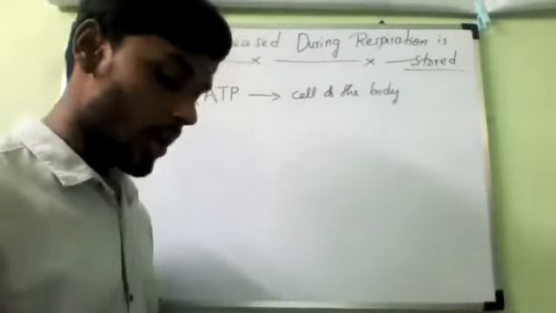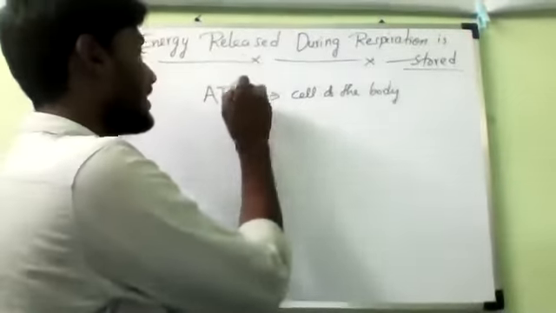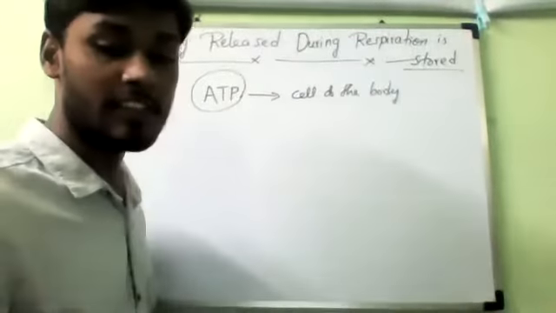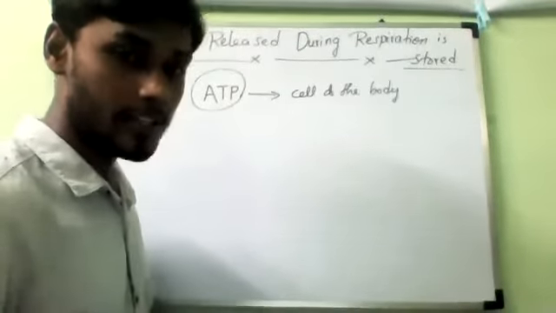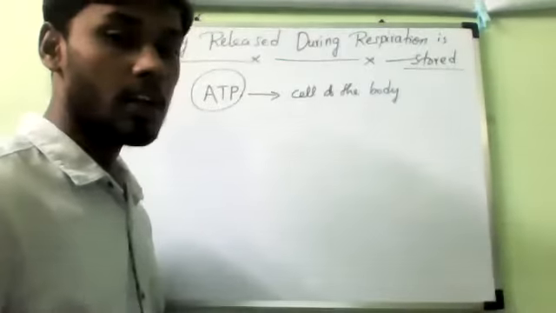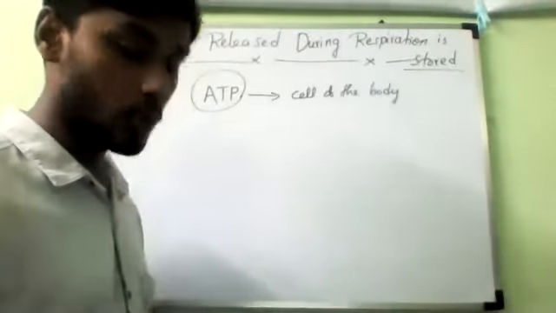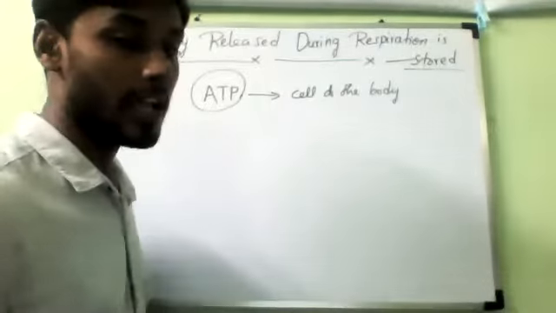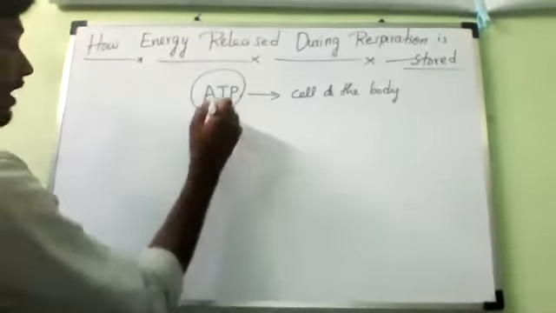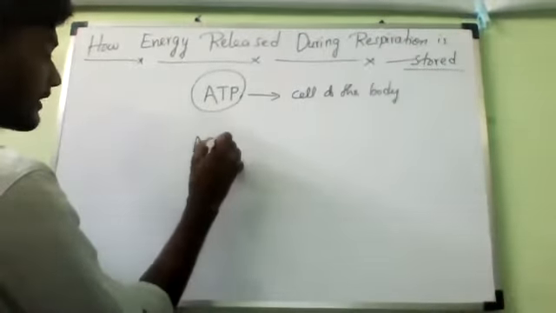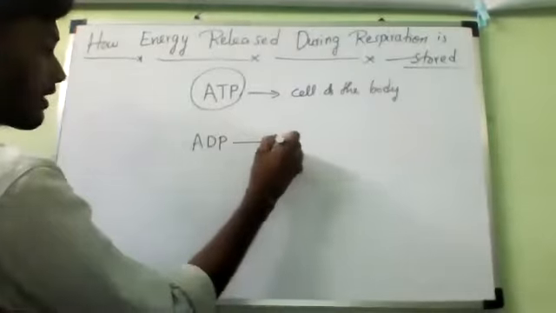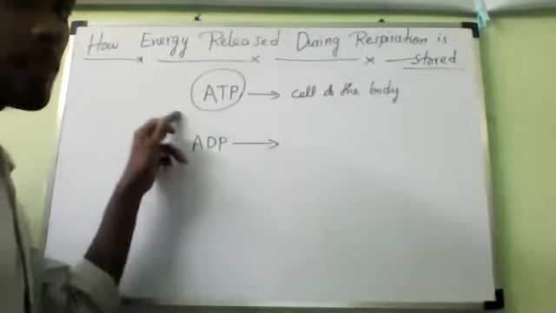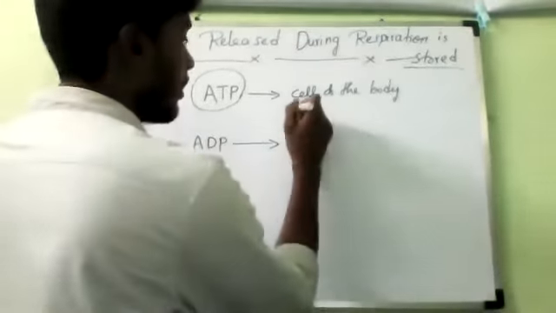Now, to understand how ATP releases energy when it is needed, we should first know the meaning of two things. One is ATP and the other is called ADP. We have already studied ATP.